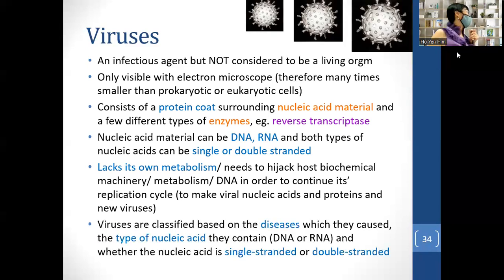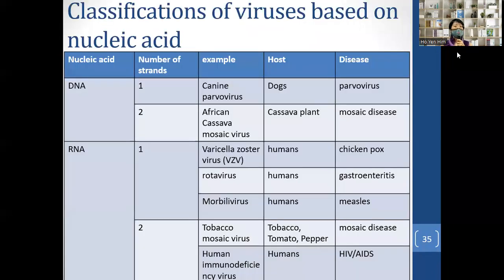So how do we classify virus? Usually it's based on the disease which they cause, the type of nucleic acid they contain, and whether the nucleic acid is single-stranded or double-stranded. Here are some examples. We have viruses with one strand of DNA, two strands of DNA, one strand of RNA, two strands of RNA. Then these are examples of the virus name, the host cell it will infect in order to multiply, and the disease that it will cause.